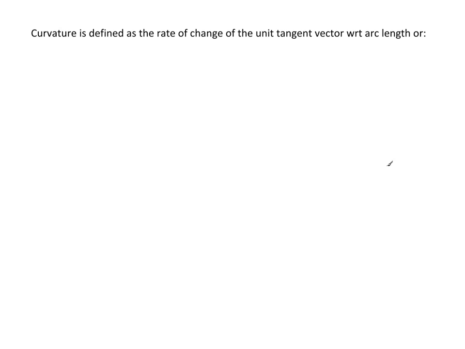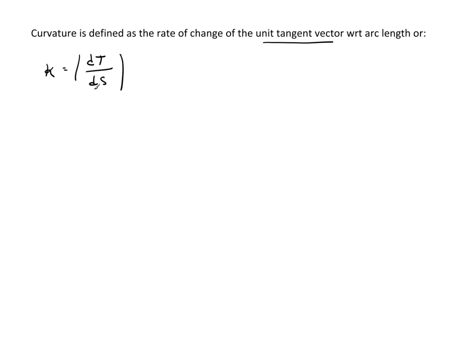Curvature is defined as the rate of change of the unit tangent vector with respect to the arc length. Or another way of saying this, and we typically use the Greek letter kappa to represent curvature, kappa equals the magnitude of dT/ds, the derivative of the unit tangent vector with respect to arc length.